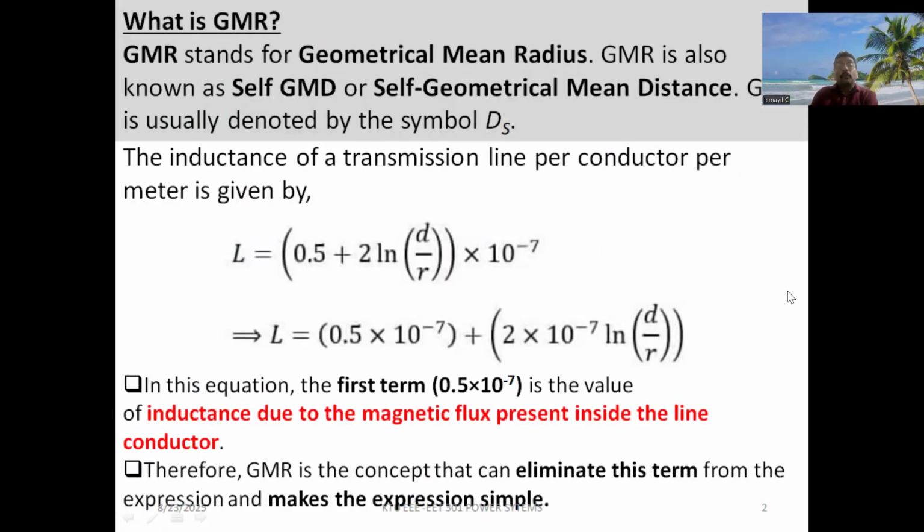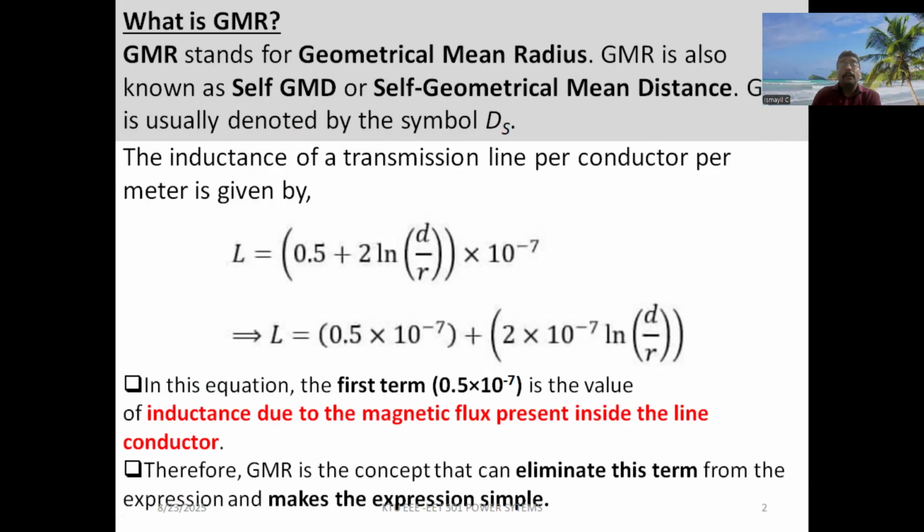So we'll be moving to the topic. The expansion of GMR is geometrical mean radius. This GMR is also known as self-GMD or self geometrical mean distance. Both are the same, and this is represented by the symbol Ds.